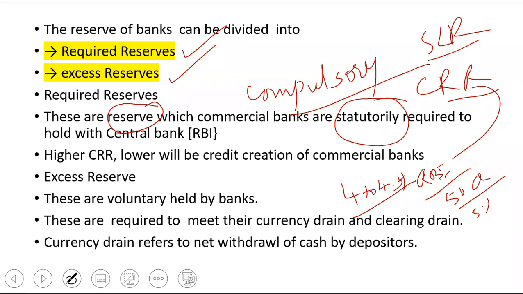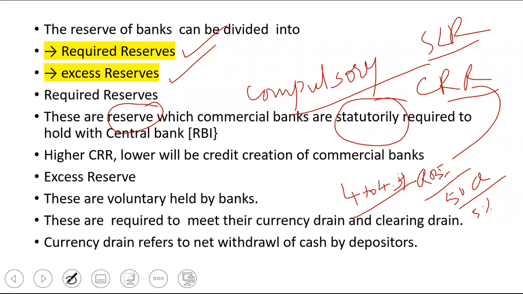So 45 rupees commercial bank को 100 into 4.5 कितना मिला? नहीं, 400 into 4.5 means again 4.5 rupees commercial bank को अपने पास रखना पड़ेगा. What is the reason?